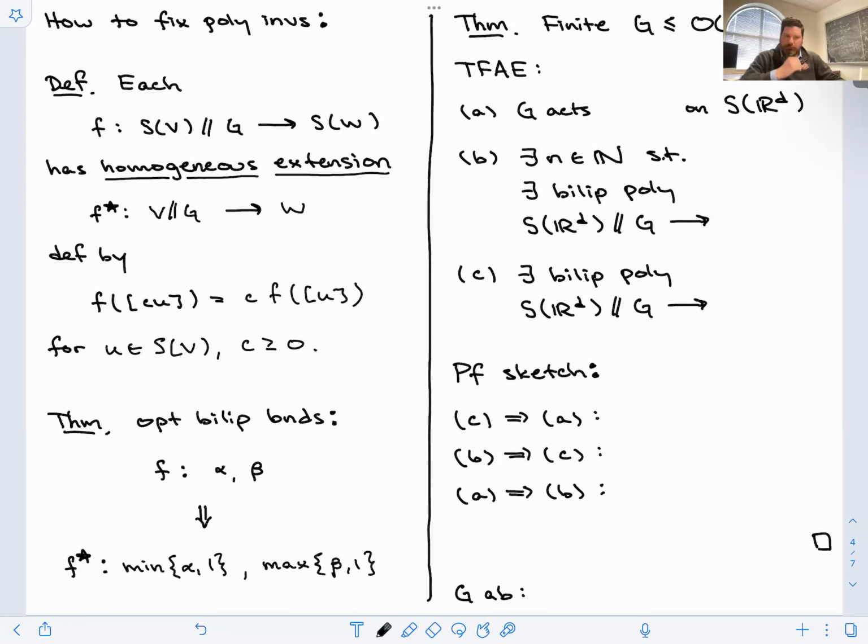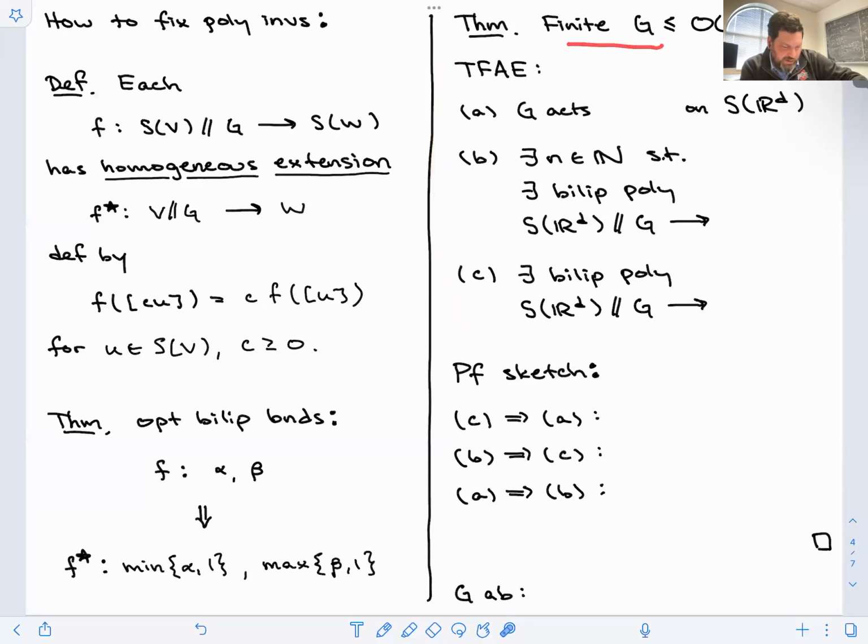Okay. So Bilipschitz implies Bilipschitz. Well, we can use this to isolate our attention to the sphere. So we're going to look at this theorem.